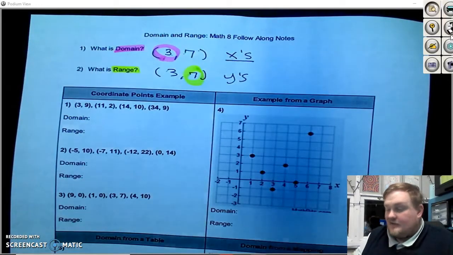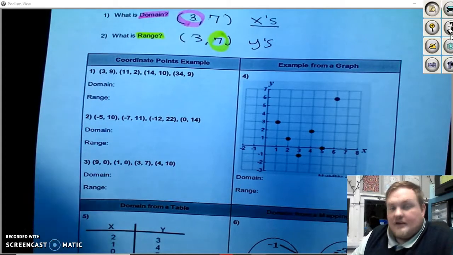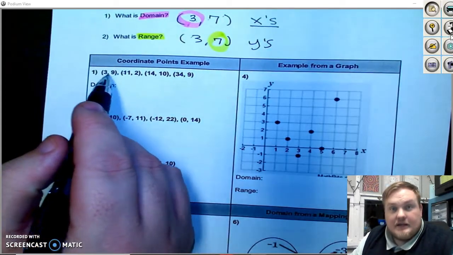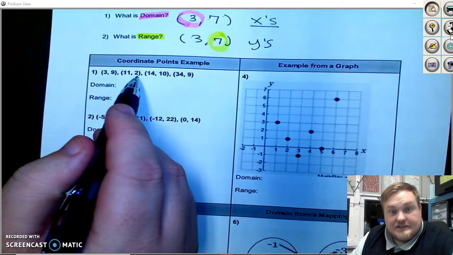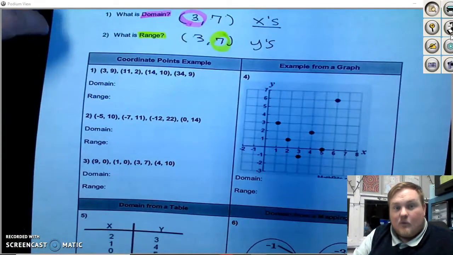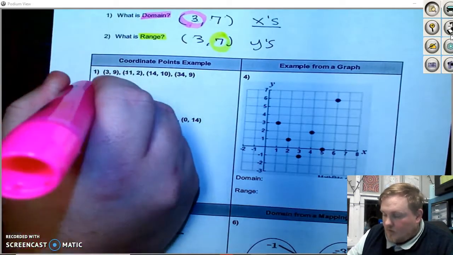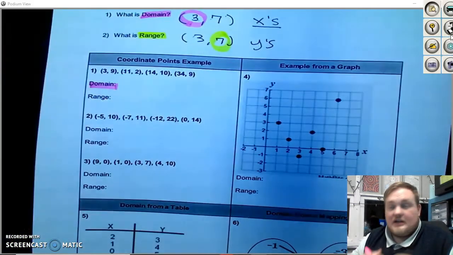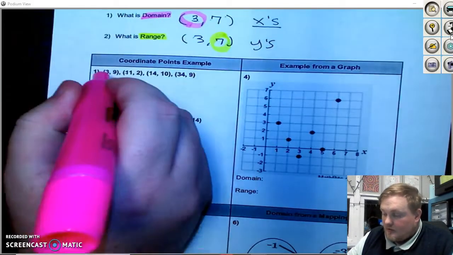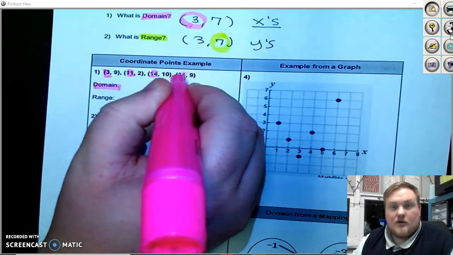And so let's delve into that a little bit deeper. Here's a set of ordered pairs. You have 3, 9, 11, 2, 14, 10, and 34, 9. If you're trying to figure out what the domain is of this ordered pair, well, it's just the first number in each ordered pair. 3, 11, 14, and 34.